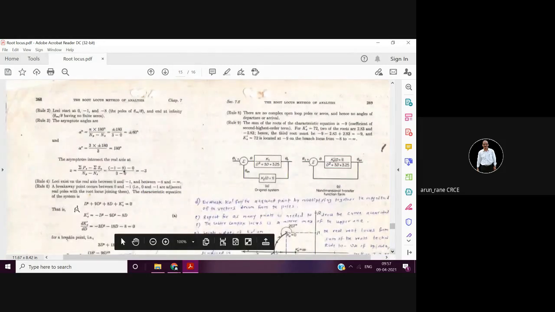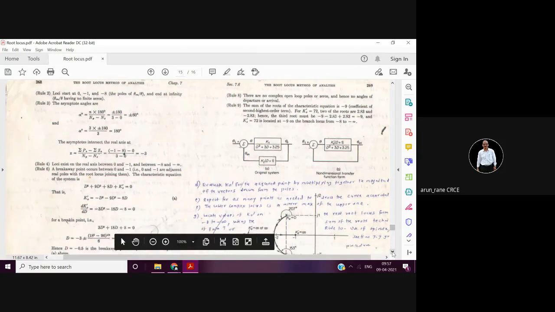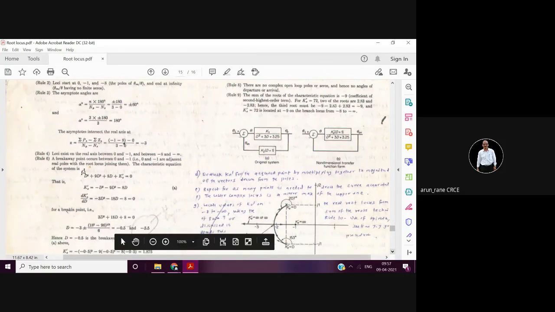Rule number 6, you have to find out the breakaway point. So you have this characteristic equation. You take k outside, so you get this. Then differentiate and equate it to 0, so you get this.